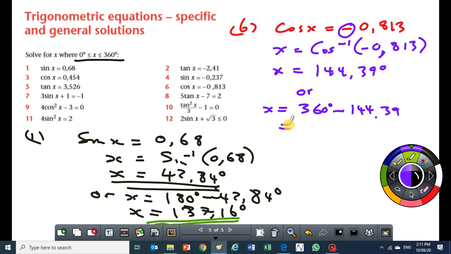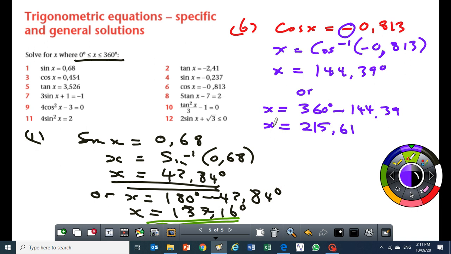What answer do you get? 215.61. Now, let's test that both of them will give you minus 0.813.